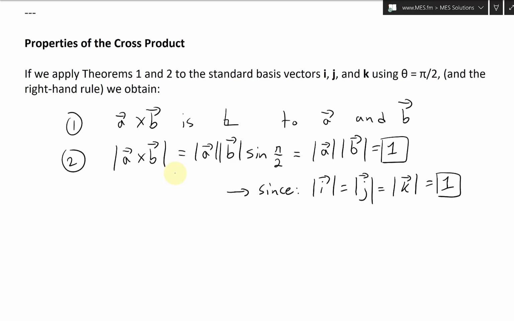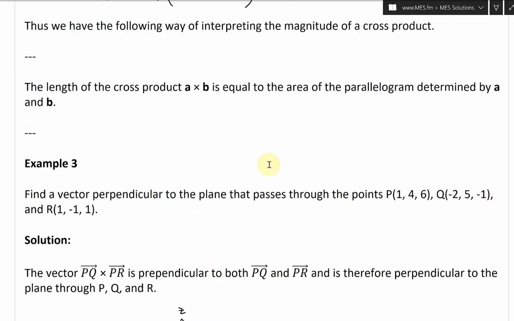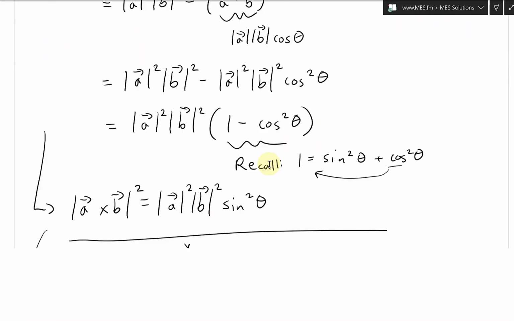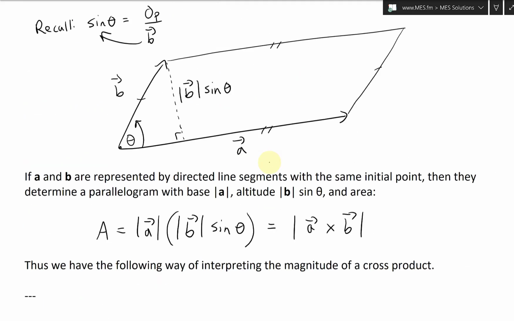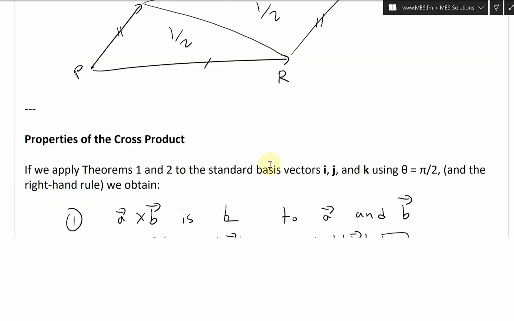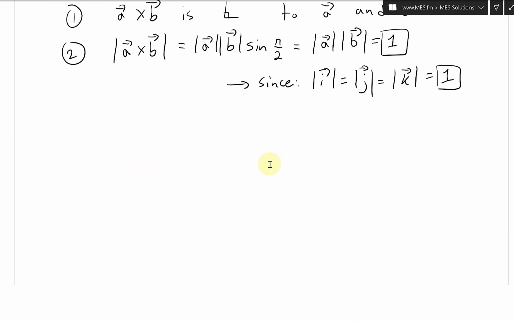Since they all equal 1, you're just going to have 1 times 1 equals 1, and sine of pi over 2 equals 1. Again, you can recall that from our drawing of the sine one. This length is 1, and this is at pi over 2, 90 degrees, and the sine of pi over 2 is equal to 1.